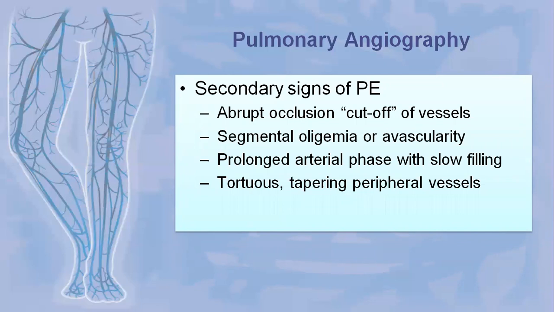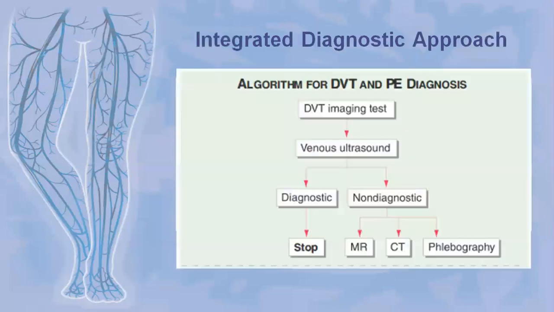You can see from the result if there's abrupt occlusion or cutoff of vessels, segmental oligemia or avascularity, a prolonged arterial phase with slow filling, and tortuous or tapering peripheral vessels, all of which are suggestive of pulmonary embolism.